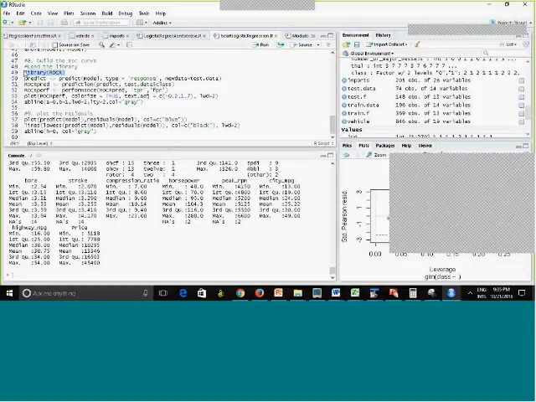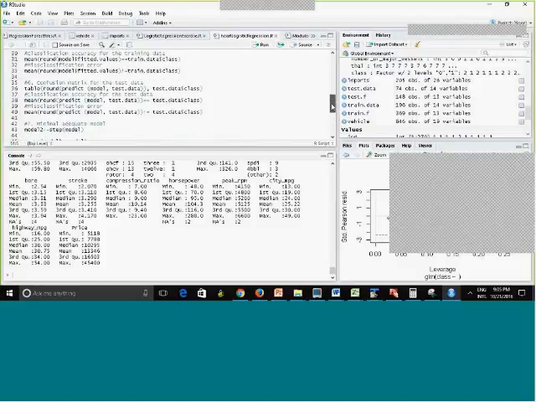Tonight's bonus was plotting the ROC curve, and I also showed you how to do the calculation if you don't have a calculator near you. Well, we always have a calculator on the laptop, but it's just another way to do it.